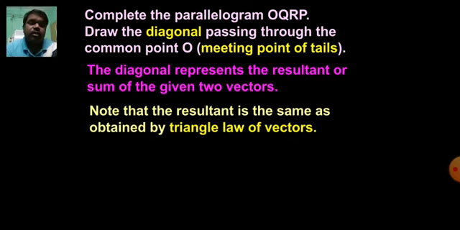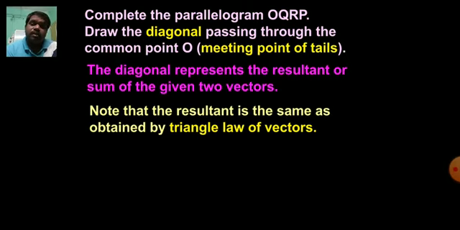In both the cases the resultant will be the same, but here you have to evaluate it by the parallelogram law of addition of vectors. And in the triangle law of addition of vectors, what resultant was there?